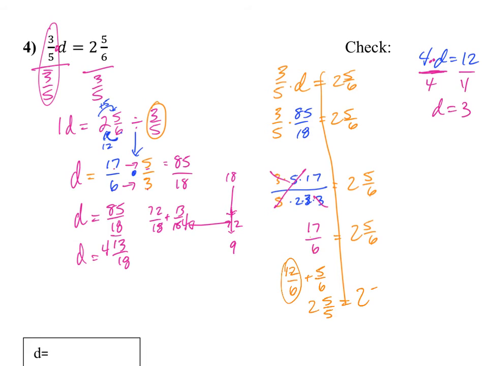So these two are balanced when I plug in 85/18 for D. So my solution is that D equals 85/18 or 4 and 13/18.